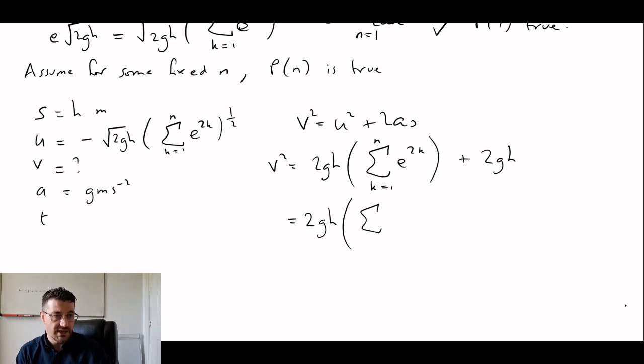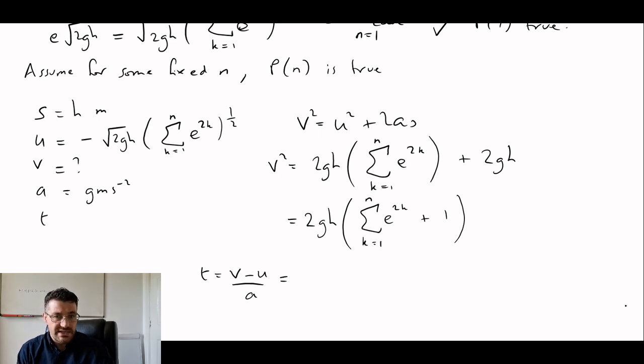So this is the sum from k equals 1 to n of e to the k plus 1. Okay, so then t is going to be equal to, remember, v minus u over a.